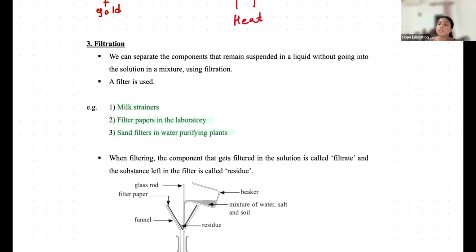So that is also a filter. The impurities are held back and the clean water will be filtered.